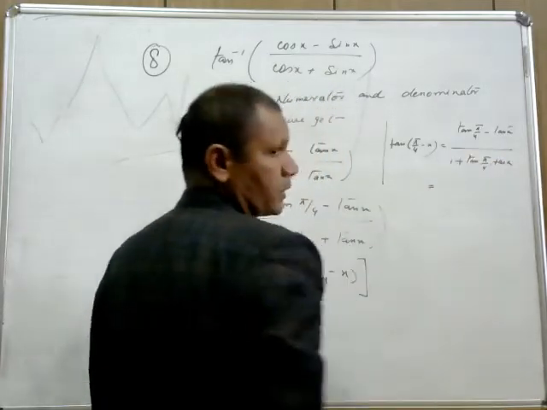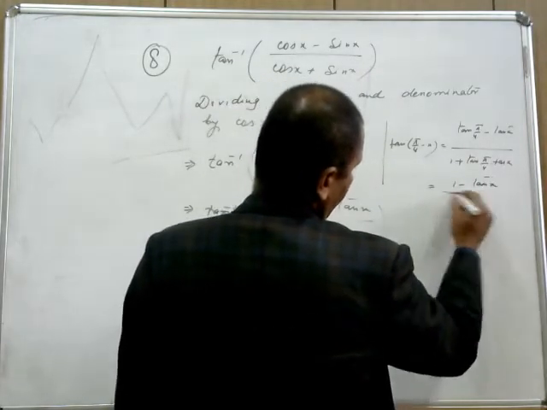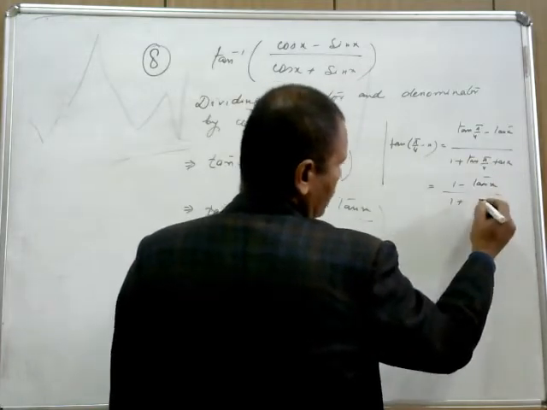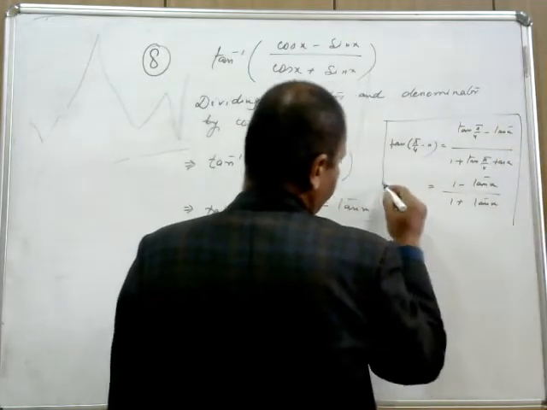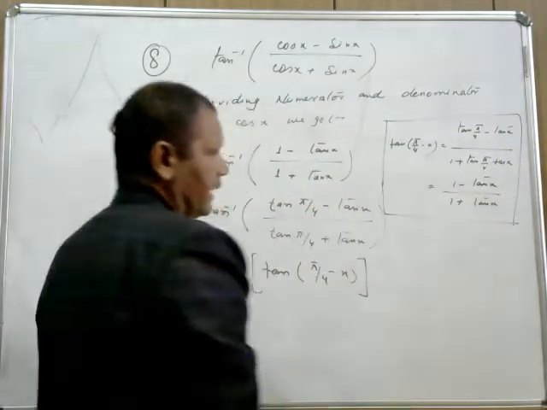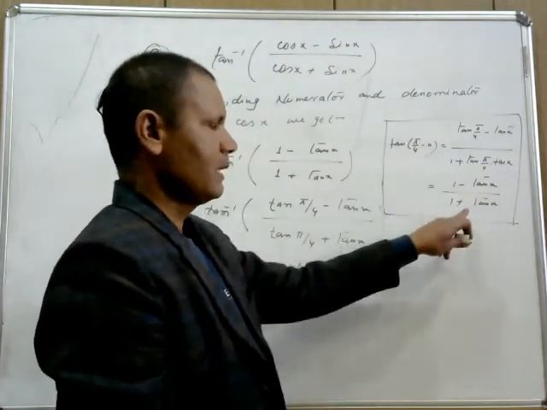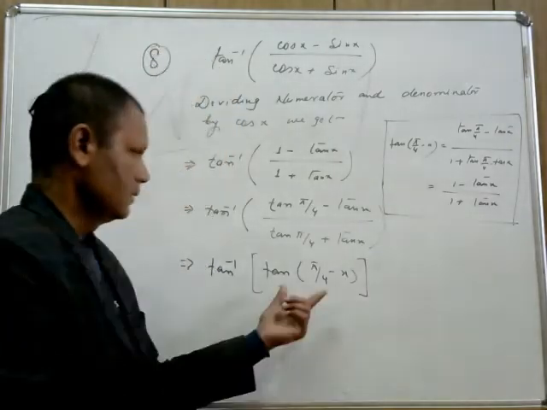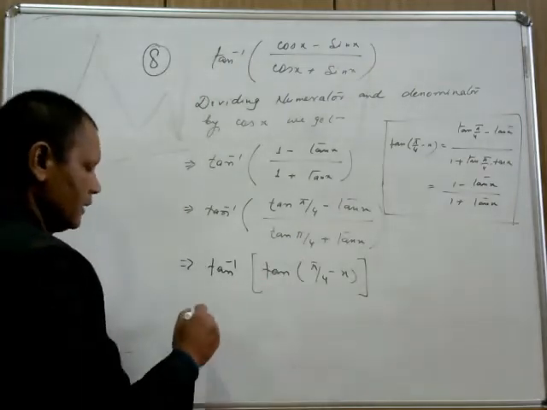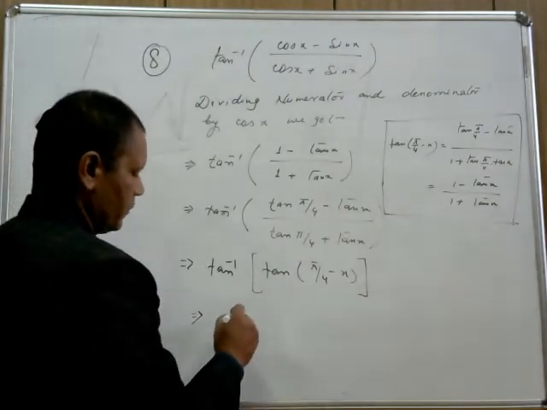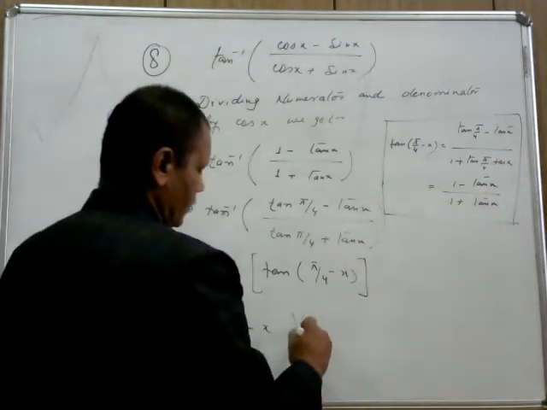The value of tan pi by 4 is how much? 1. That's what we'll get now. 1 minus tan x upon 1 plus tan pi by 4 is 1, 1 plus tan x. That's why I am using that tan pi by 4 minus x is equal to 1 minus tan x upon 1 plus tan x. Right? So now tan pi by 4 minus x. And now tan inverse tan pi by 4 minus x is equal to what? Pi by 4 minus x. And that is the simplest form of this question.